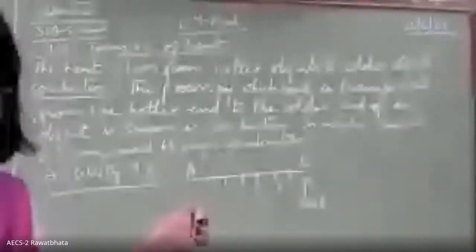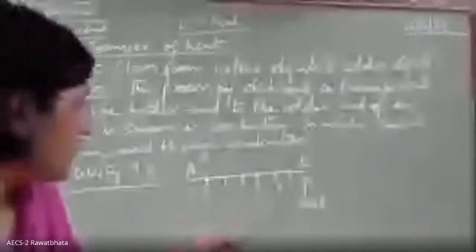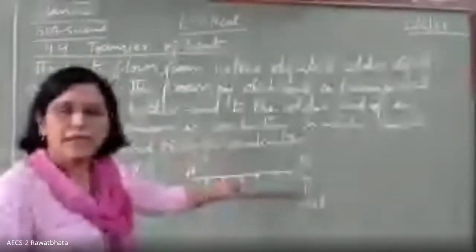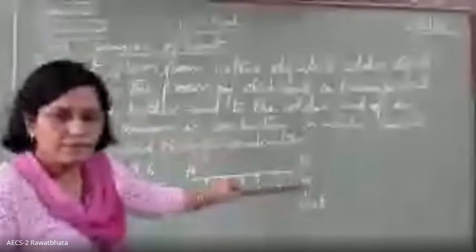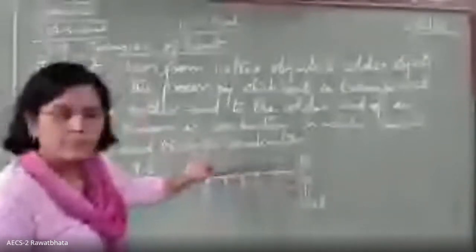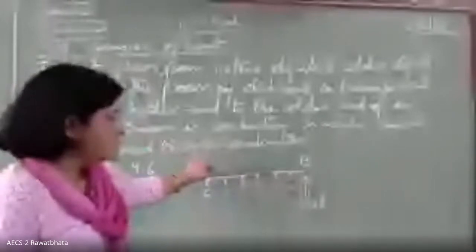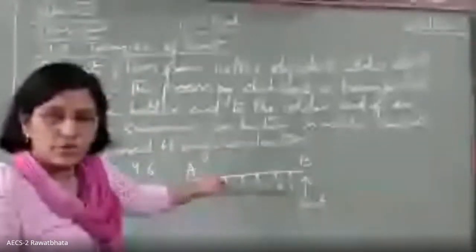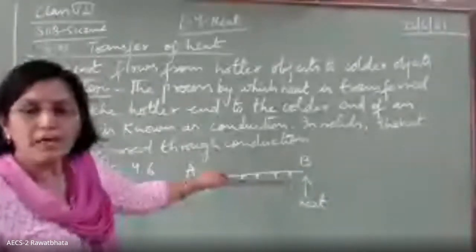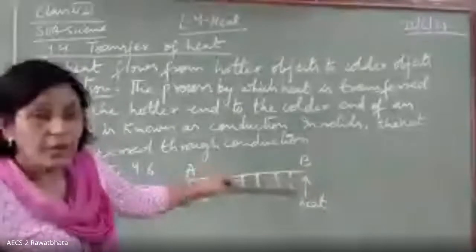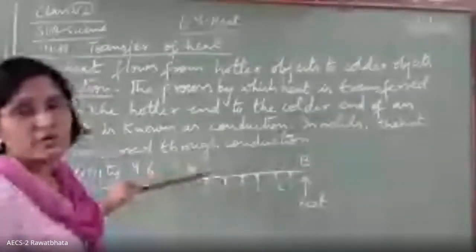Once the heat starts getting transferred, from 1 to 2, the second nail will fall down. You keep heating further and further. Slowly, all the nails will fall down in sequence.